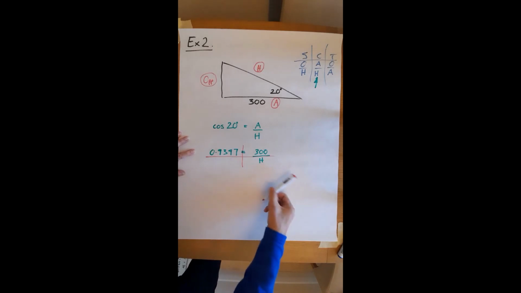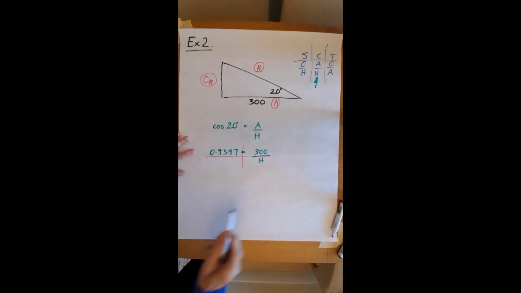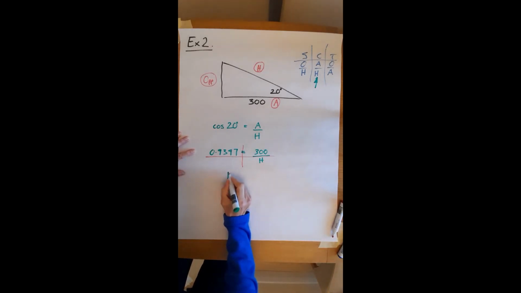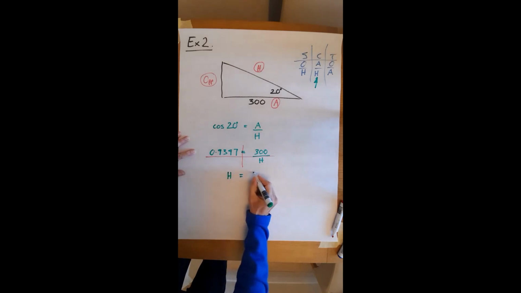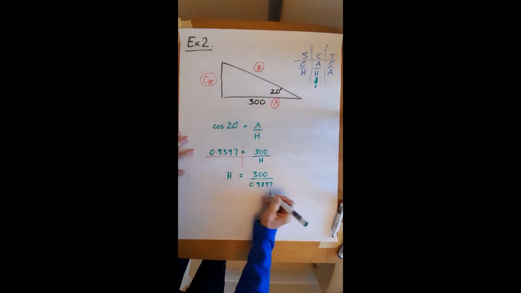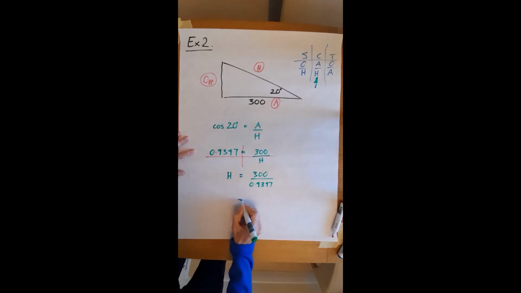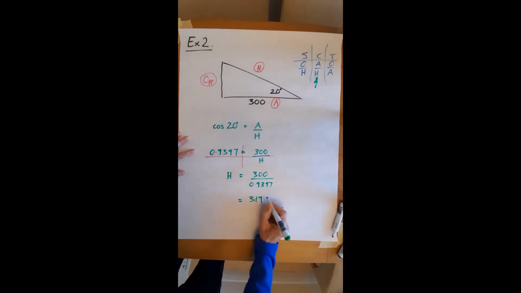We've encountered that many times before. So H goes to the top, hypotenuse equals 300, and underneath we now have this 0.9397. Put that in your calculator, 319.3.